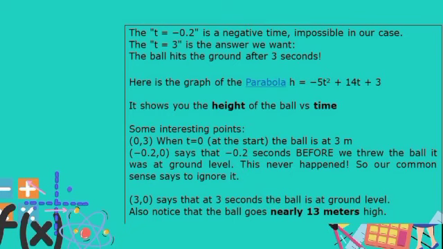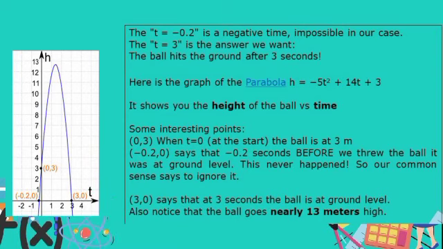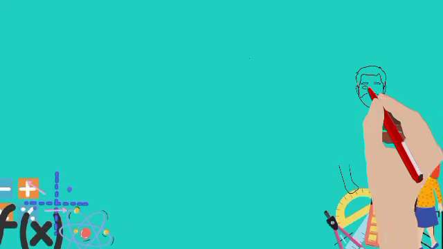It shows the height of the ball versus time. Some interesting points: when t is equal to 0, the ball is at 3 meters. The value negative 0.2 says that 0.2 seconds before we threw the ball, it was at ground level. This will never happen, so our common sense says to ignore it. So t equals 3 says that 3 seconds is our answer.